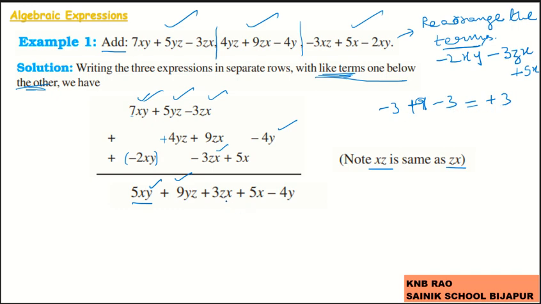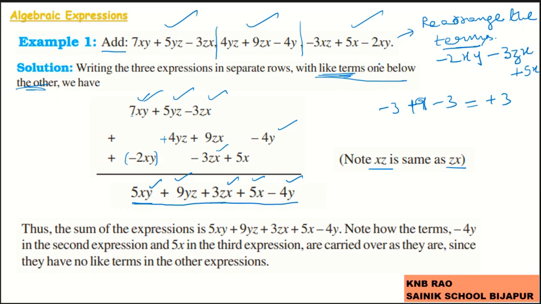So we will get plus 3zx, and 5x has no like term at all in the other two algebraic expressions, so 5x comes as it is. Minus 4y also has no like term in the other two algebraic expressions, so it comes as it is. So this polynomial is the sum of these three algebraic expressions.